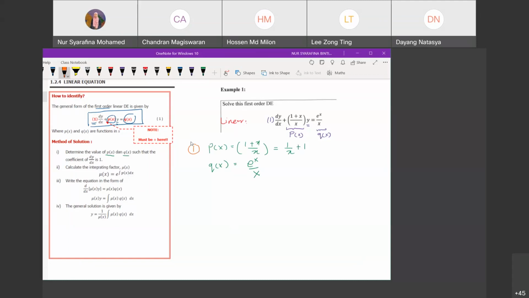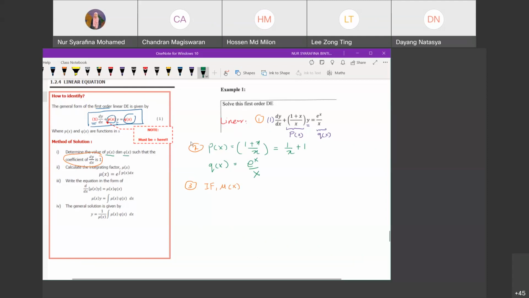Identify the form of linear differential equation and determine the value of p(x) and q(x), where you need to make sure that the coefficient of dy dx equals to 1. Okay, then third step, calculate the integrating factor mu(x).